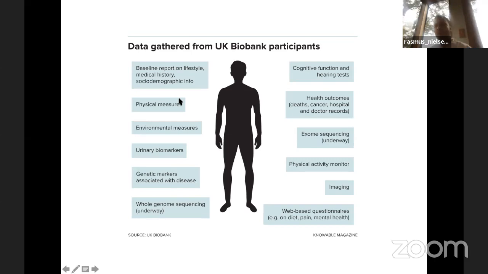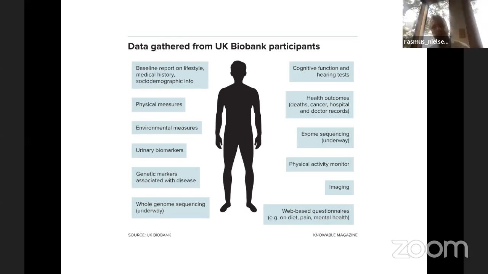It's all kinds of biological, physiological measures. They measure physical activity. They do all kinds of imaging on people. They do all kinds of cognitive function tests. They also have lots of self-reported data, where people report for themselves all kinds of things about their behavior. And all of this is public data.